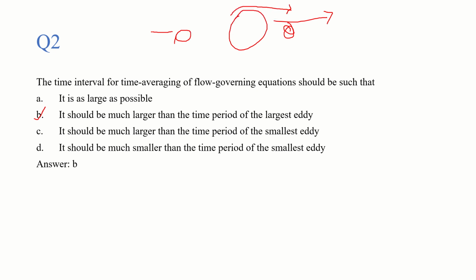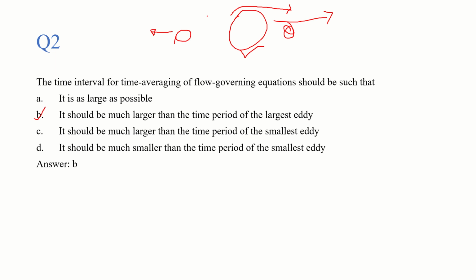If, on the other hand, we go for the smallest eddy, the phenomenon is not completely captured in the time averaging equations. Therefore, it should be much larger than the time period of the largest eddy.